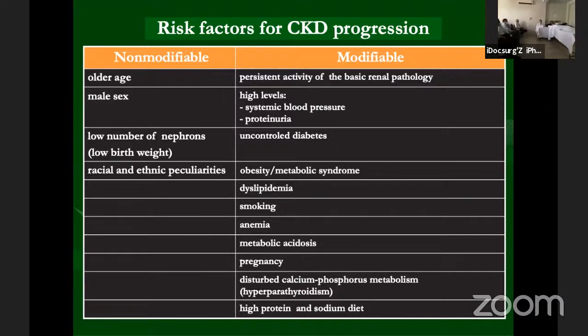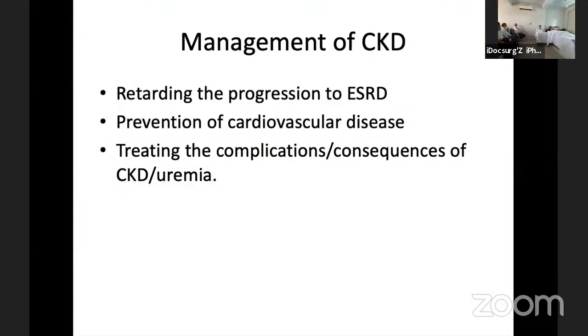What about the proteinuria, uncontrolled blood sugar level, obesity, metabolic syndrome, lipid levels, lifestyle, smoking, anemia, metabolic acidosis, pregnancy, disturbed calcium phosphorus metabolism, secondary hyperparathyroidism, and the diet of the patient. These are the modifiable factors. If we act on these factors, we can check the progression of disease.